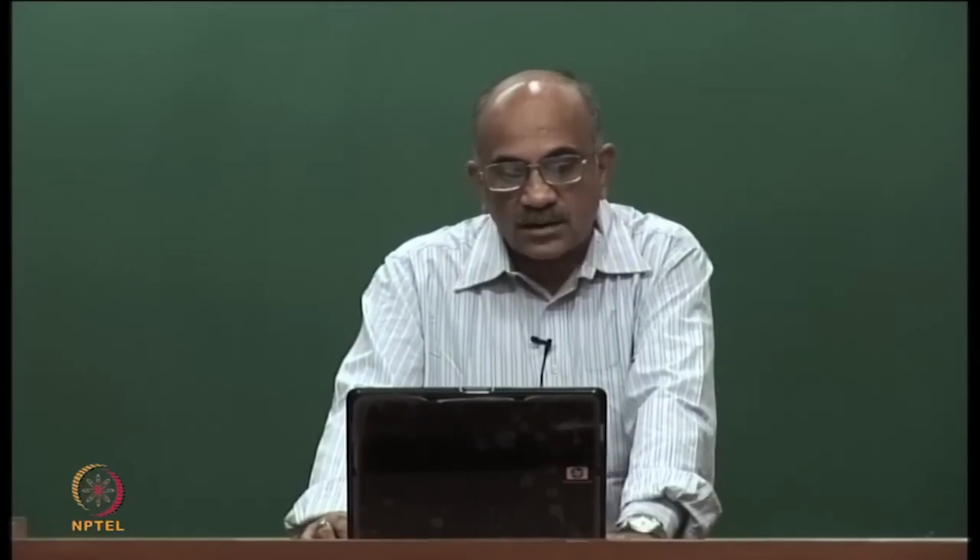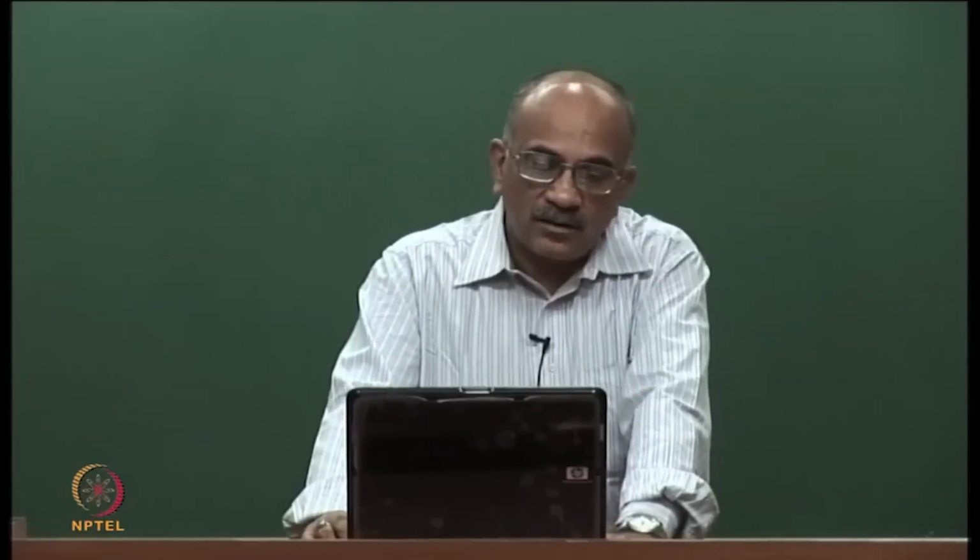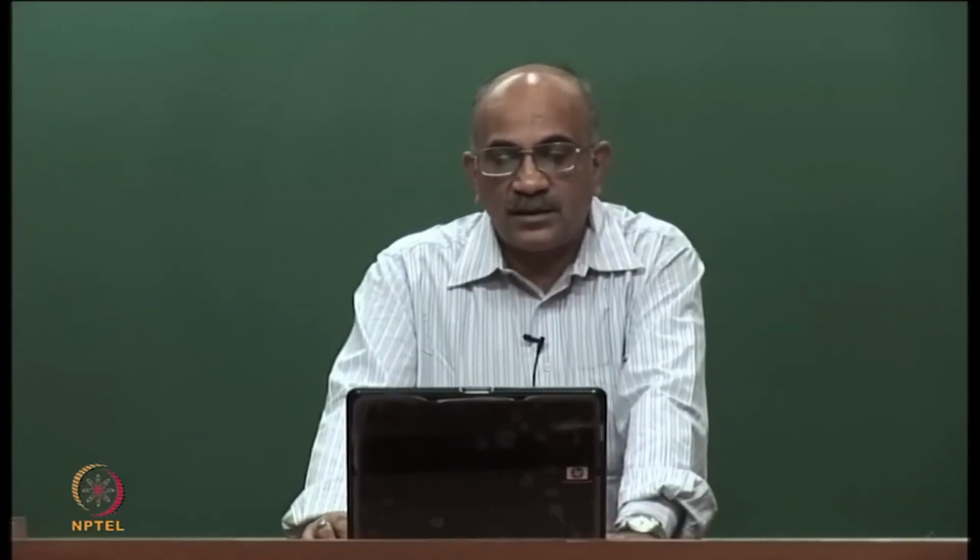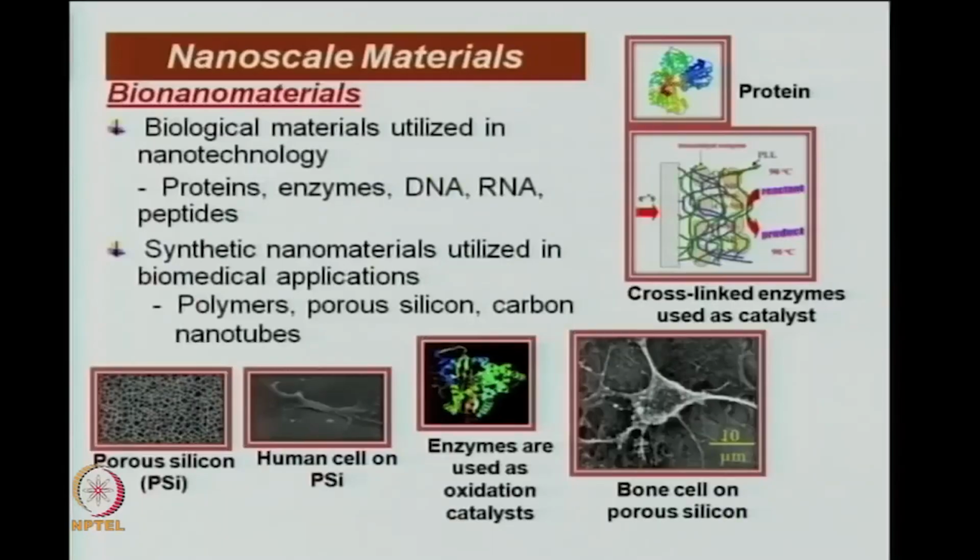There are here some nanostructures of porous silicon, which is biocompatible and hence can be used with biomolecules. Similarly, there is an example of a human cell which has been fixed onto porous silicon.